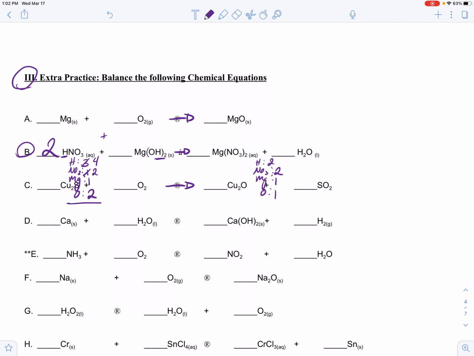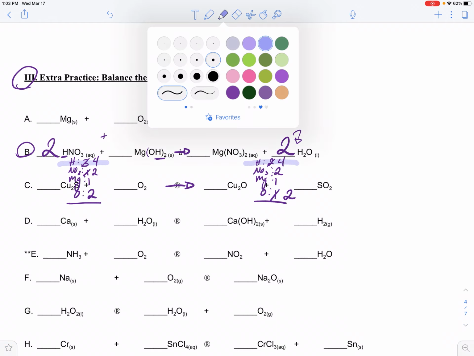I see that oxygen is unbalanced, so I'm going to go ahead and try to balance oxygen. I have 2 oxygen on the left side, so in order to balance that on the right side, I'm going to add coefficient 2. That's going to bring me to 2 oxygen, but that also changes my number of hydrogen to 4. And now I'm going to check that tally system. I've got 4 hydrogen on the left, 4 hydrogen on the right.